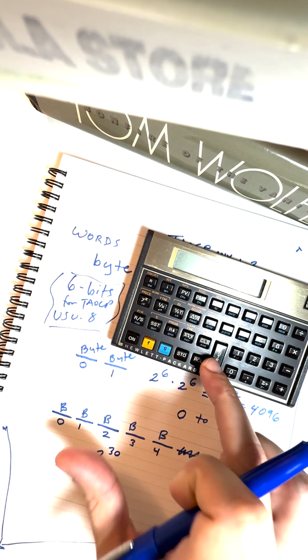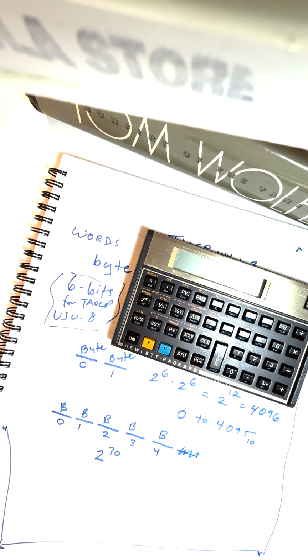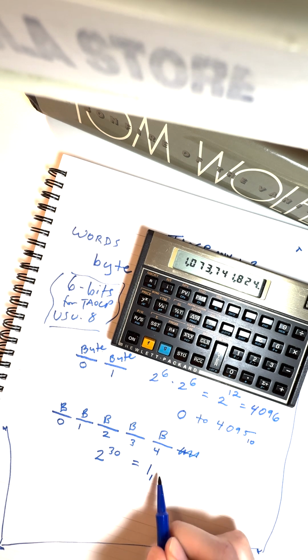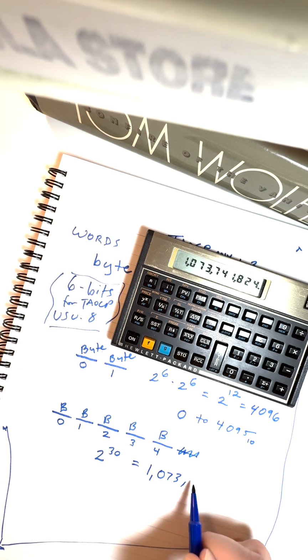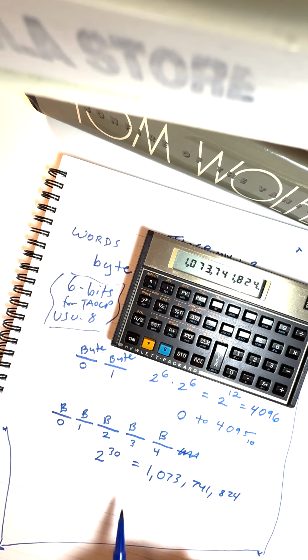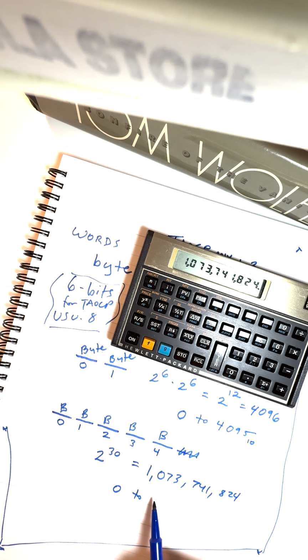So 2 to the power 30 is going to be equal to about 1 billion, and so you can count from 0 to 1 less than that. I'm just going to point to this, less one. Okay.